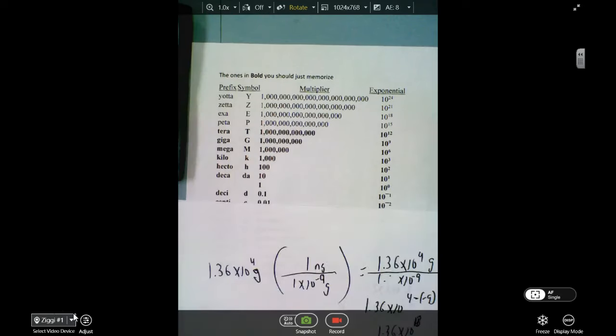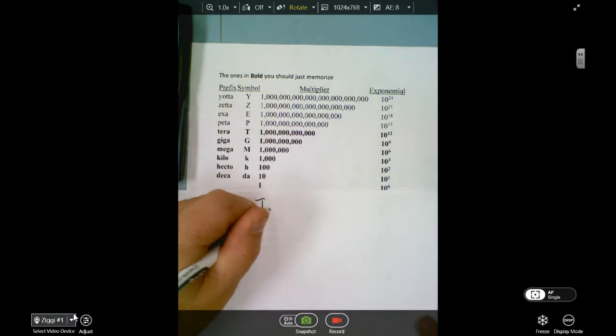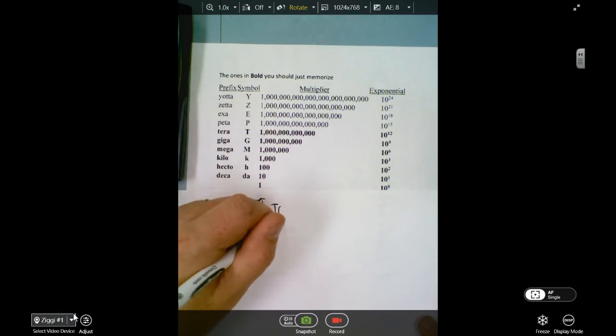Now for tons, I'll help you out on that one, because you need to know that there are 1,000 kilograms in 1 ton. So we start off with 1,000 kg equals 1 ton.